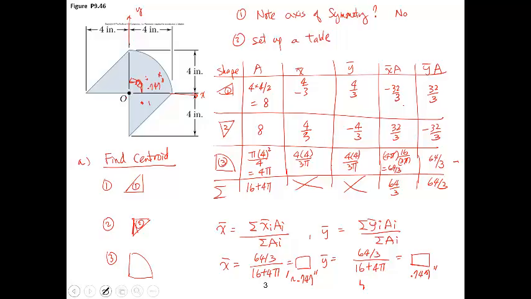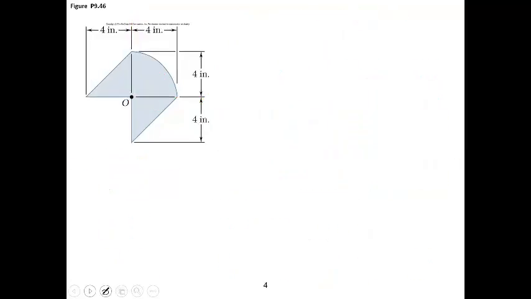Next question. Let's pause here for a minute. Let's talk about how we find its moment of inertia. Let's say I want to find its moment of inertia for rotation about the x-axis. How do we do that?